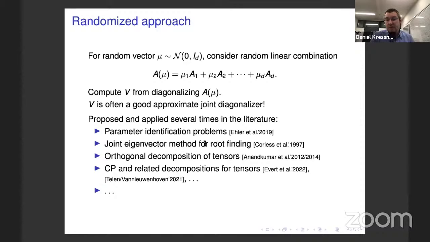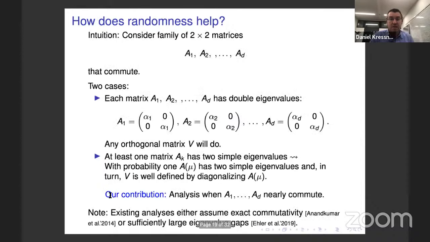So even for multivariate root finding, there's the so-called joint eigenvector method, where you build a couple of matrices, and then you know that if there's a root, these matrices have a joint eigenvector, and it is closely related to joint diagonalization. And this random linear combinations idea has also been used in this context by quite a few persons in this area. And there are many more examples where this approach has been used as an ad hoc idea, either as an algorithm itself or maybe for initializing an optimization method.